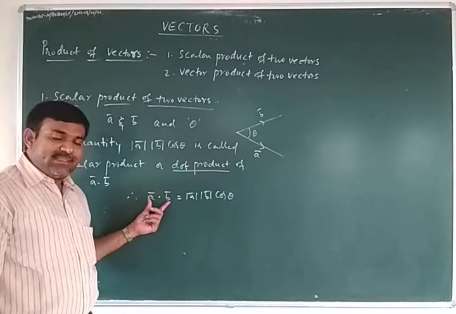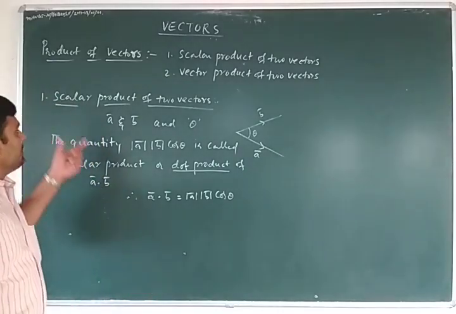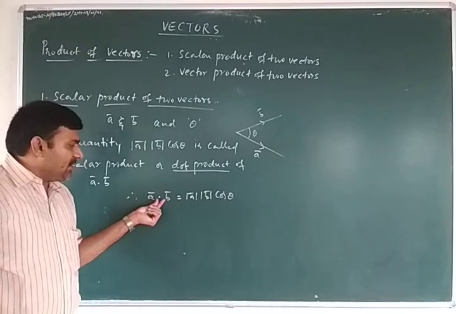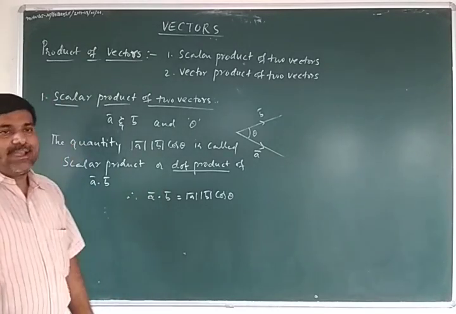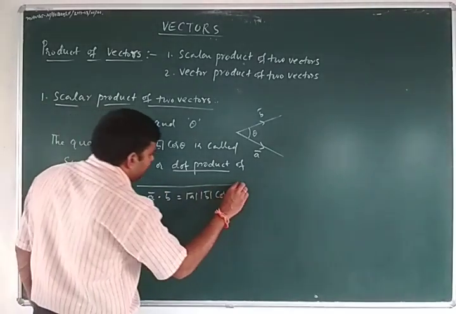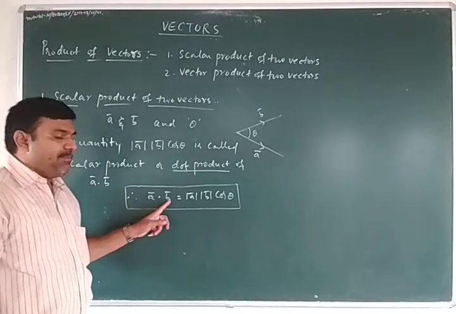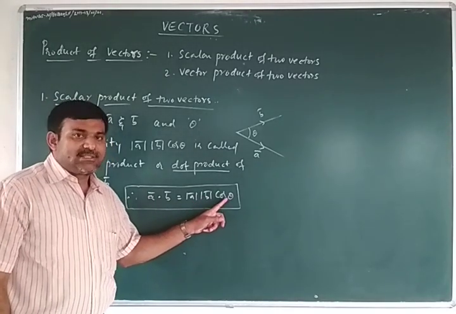When we multiply these two vectors, we get a scalar quantity, which is why it is called the scalar product. We use the dot here, so it is called the dot product. So we define the dot product as A bar dot B bar is equal to mod A bar into mod B bar into cos theta.